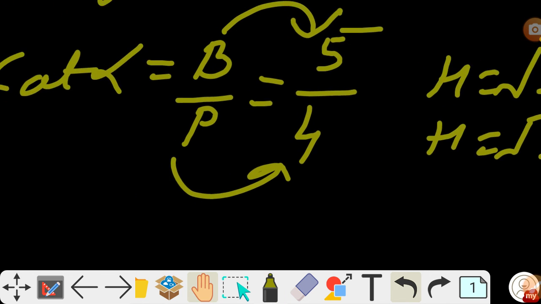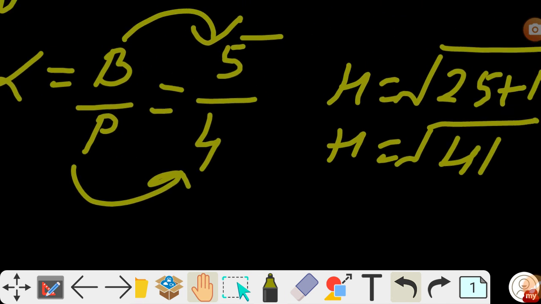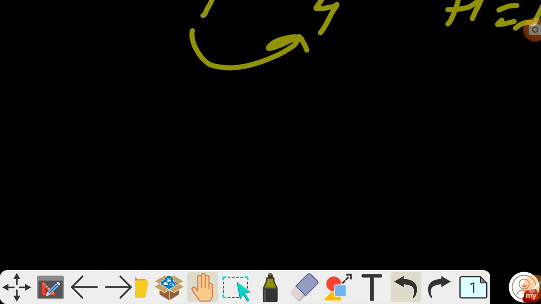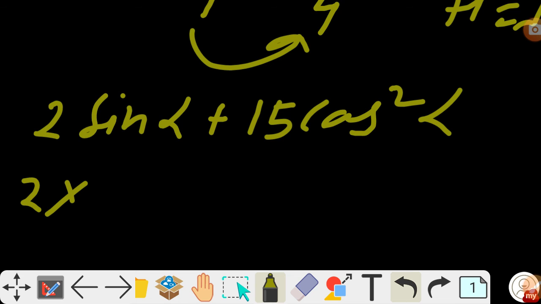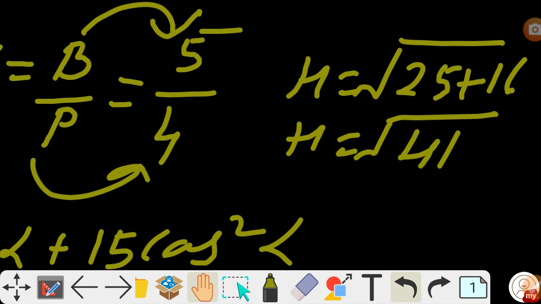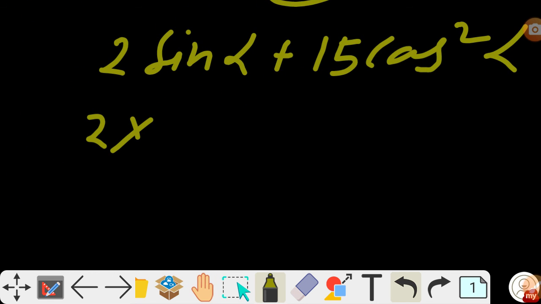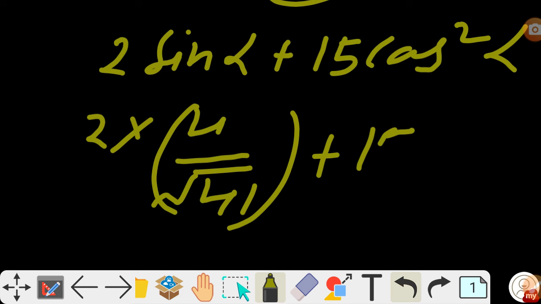So now we put the values in the given equation, 2 sin alpha plus 15 cos square alpha. So 2 into sin alpha, which is perpendicular upon hypotenuse, 4 upon under root 41, plus 15 into cos square alpha.